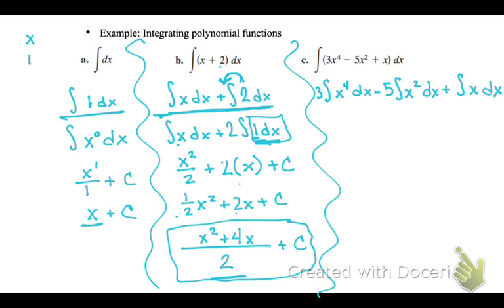So I do this how many times? 3 times. 3. So add 1, divide. So 3 times x to the fifth divided by 5. Can I just write that 3/5 x to the fifth? Yeah. Yes. Minus, add 1, divide 3.